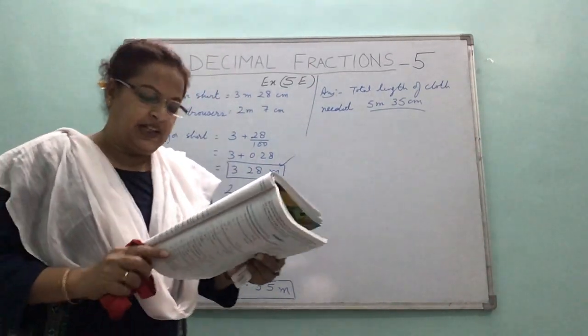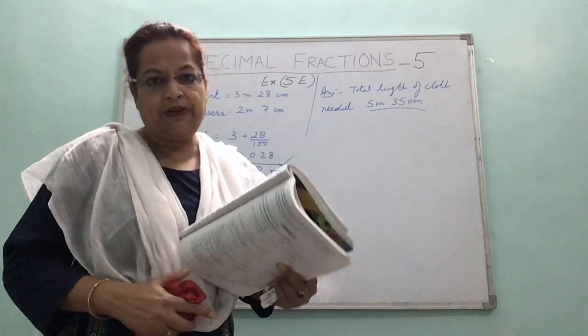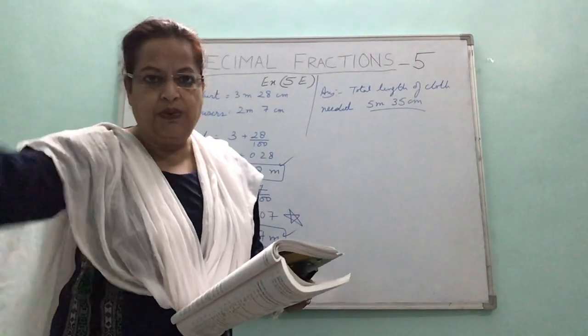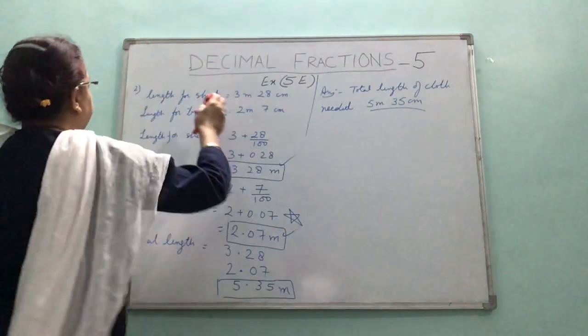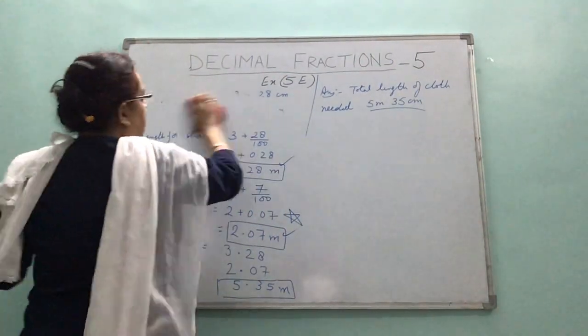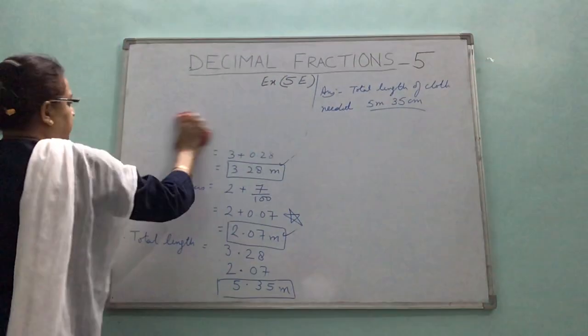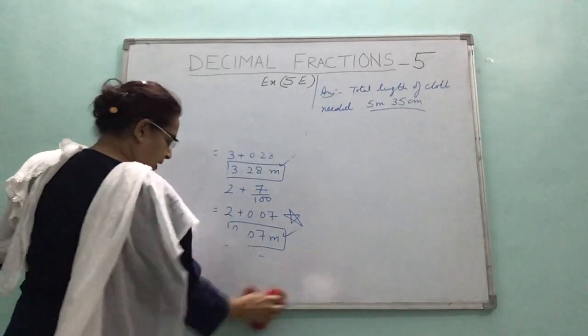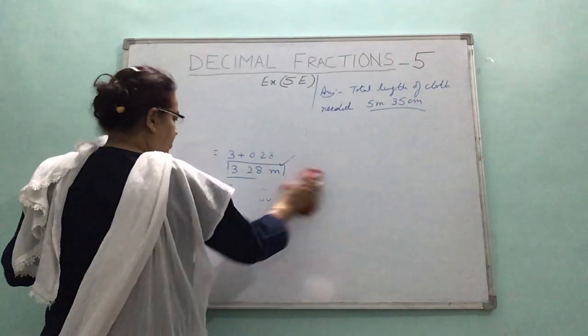You have to find the distance between Delhi and Muzaffarnagar. First they are giving between Delhi and Meerut, and from Meerut to Muzaffarnagar. We have to find the distance from Delhi to Muzaffarnagar. Not any complicated question, very simple question.